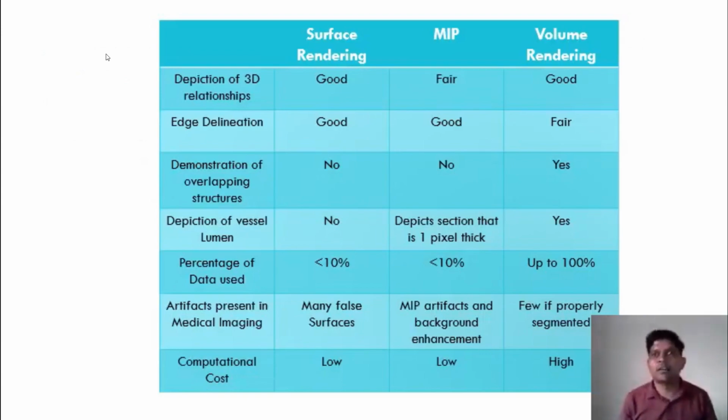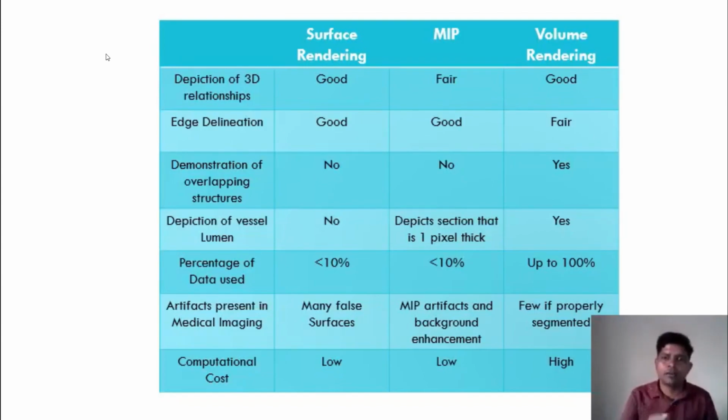For depiction of 3D relationship, surface rendering is good, MIP is fair, and volume rendering is good. For edge delineation, surface rendering is good, MIP is good, and volume rendering is fair. You can note this down.